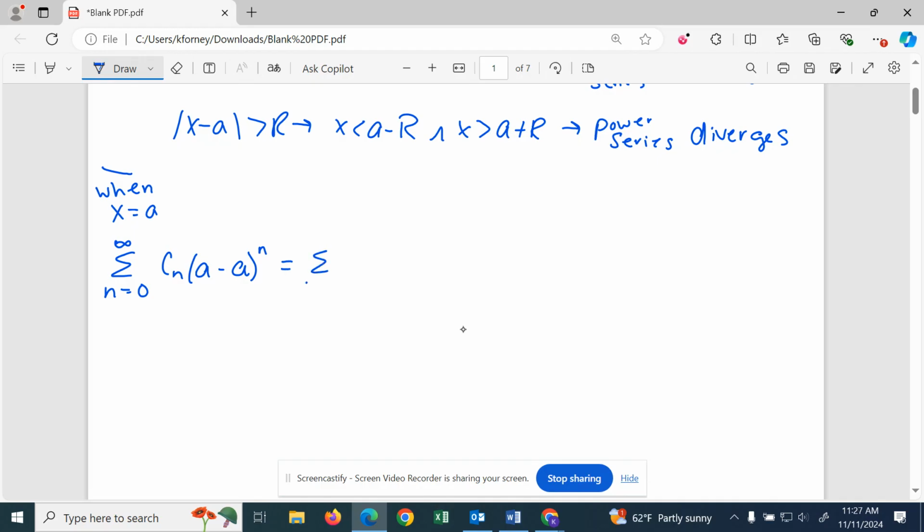And so we know what a minus a is, 0. And so then if we want to pull out the c sub 0 times 0 to the 0 term, we would start our n at 1, and we would go from 1 to infinity.